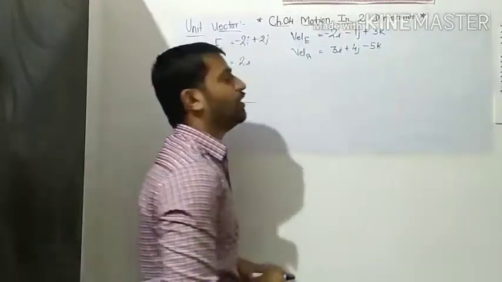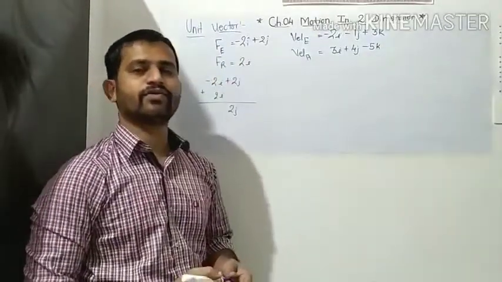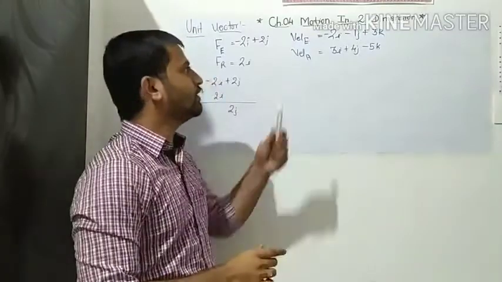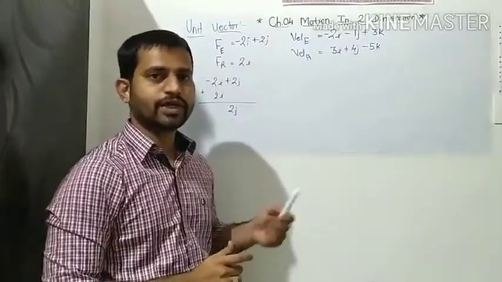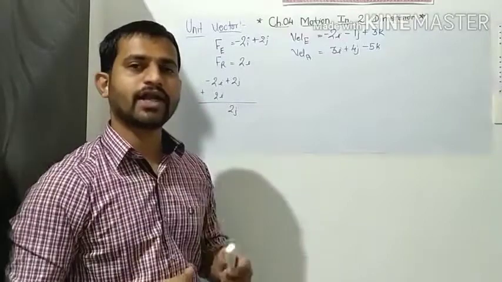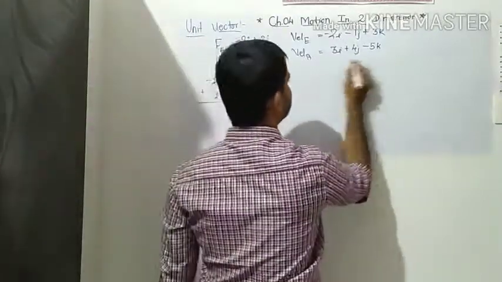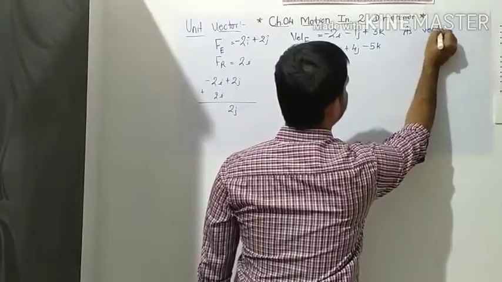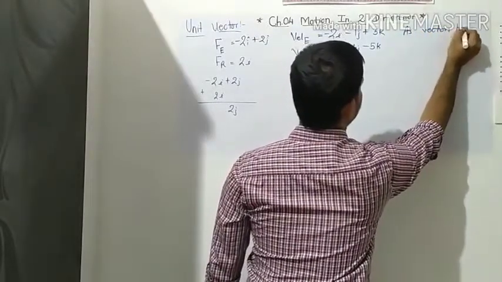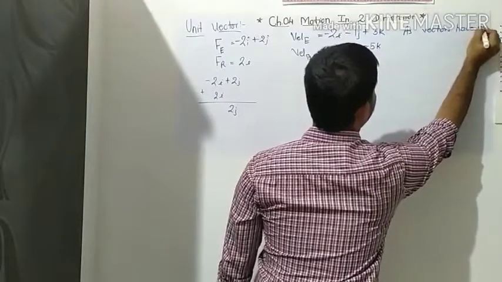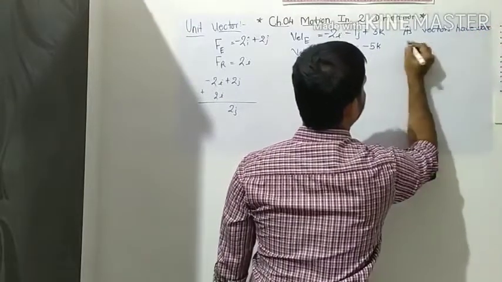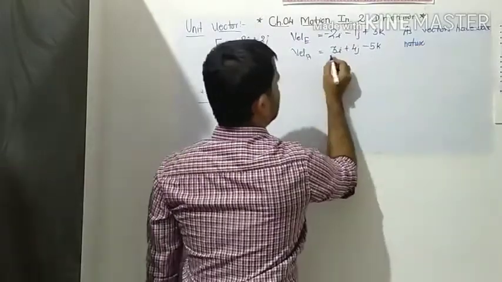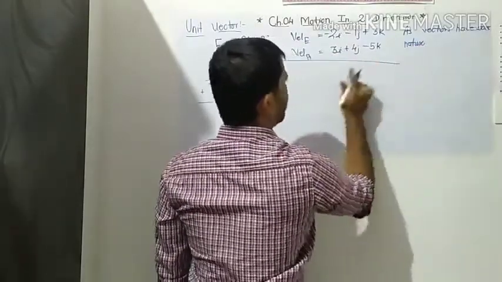Then if we have to find out the resultant, we can go for the direct addition, because both are velocities. So as the vectors have the same nature, we can go for the direct addition here.